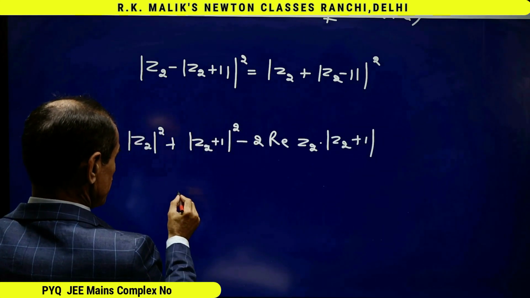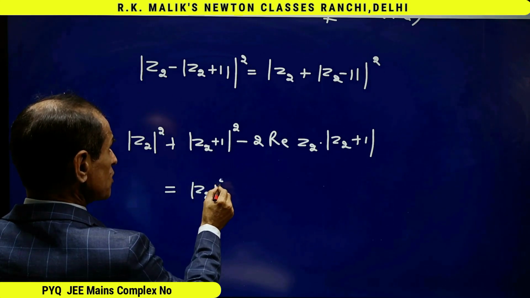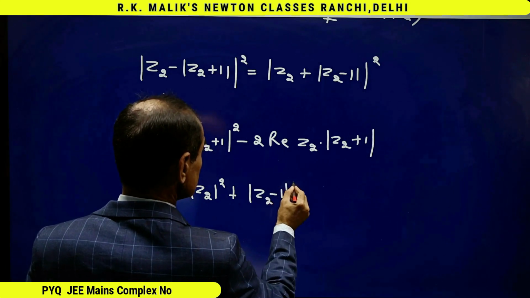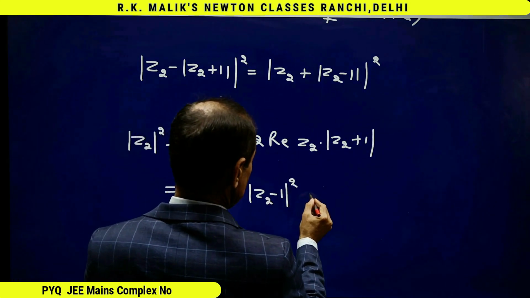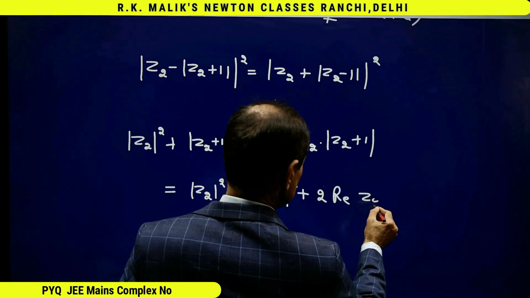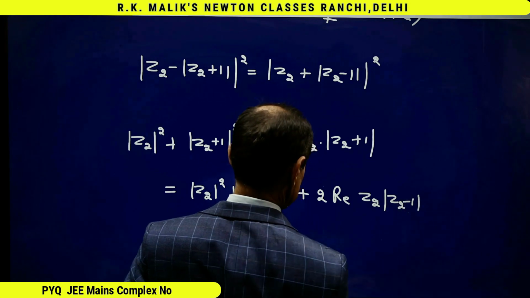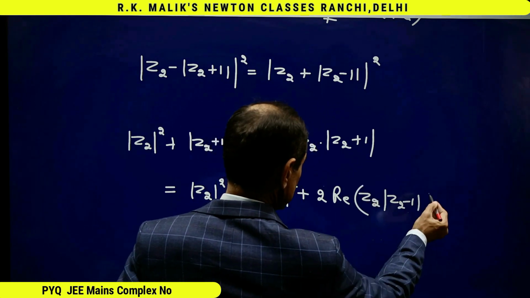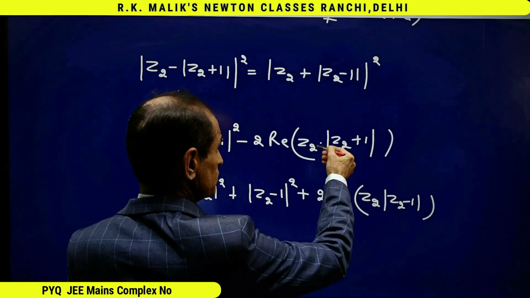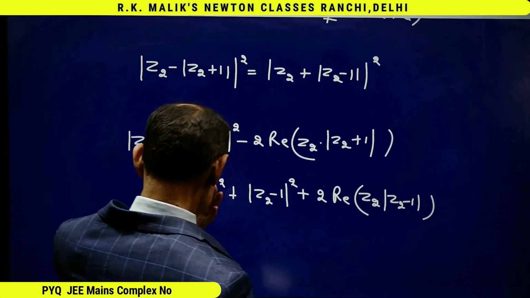This is equal to mod Z2 square plus mod of Z2 minus 1 square plus 2 times real part of Z2 into mod of Z2 minus 1, and note that this is a real number, therefore bar of this will be same as this.